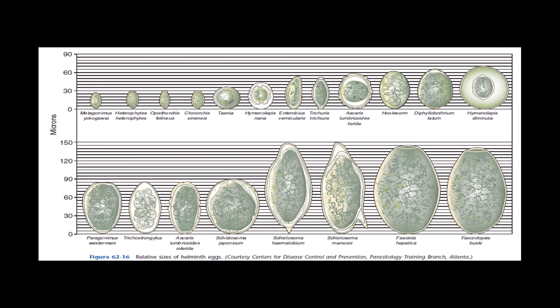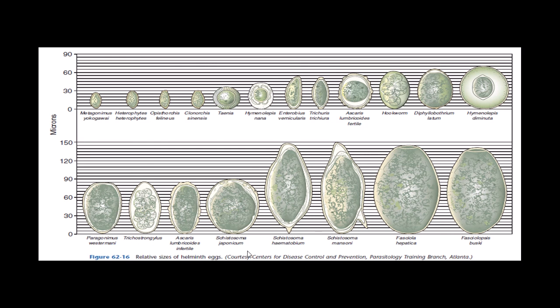Maybe many of those you are not going to see all over your life, but some that are extremely important, like the schistosomes, for example Schistosoma mansoni, compared to the other schistosomes, Schistosoma haematobium, the one that has a terminal spine, and Schistosoma mansoni that has a lateral spine.